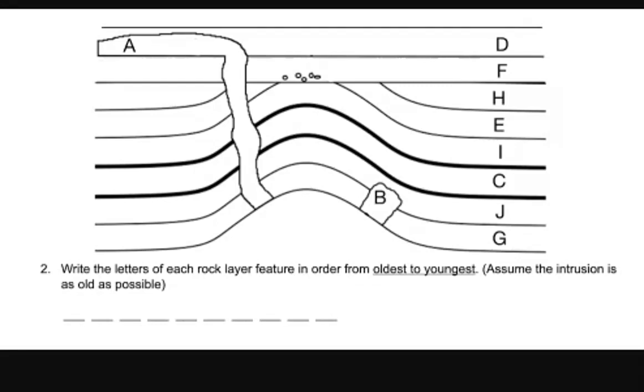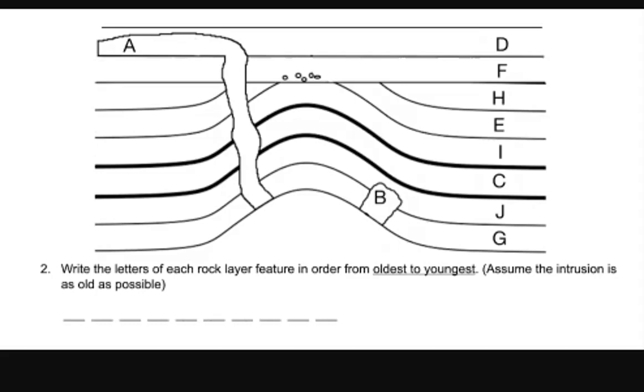Then the next layer would be C, I, E, H. They just go in order going up here. Then we have F, but then notice that A cuts through all those layers. So I know that all these layers had to be there first, and then A cut through there.